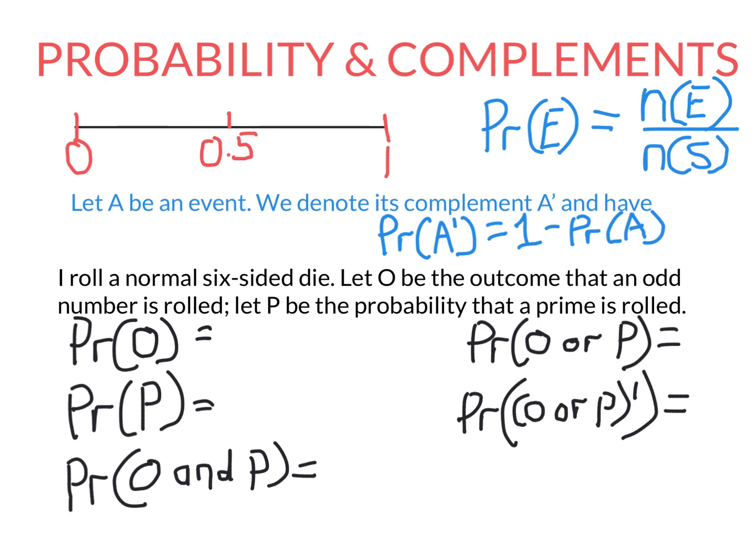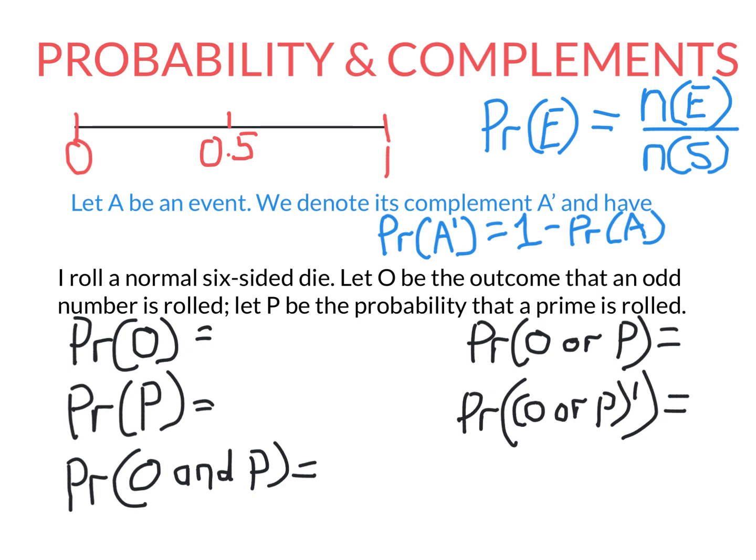So if we know the probability of an event, we can find the probability of its complement. So what do I mean by complement? Well, if A is an event, A dash, its complement, is just that event not happening, kind of like the opposite. So the complement of rolling a 3 on a die is not rolling a 3 on the die. The complement of it raining today is that it doesn't rain today.